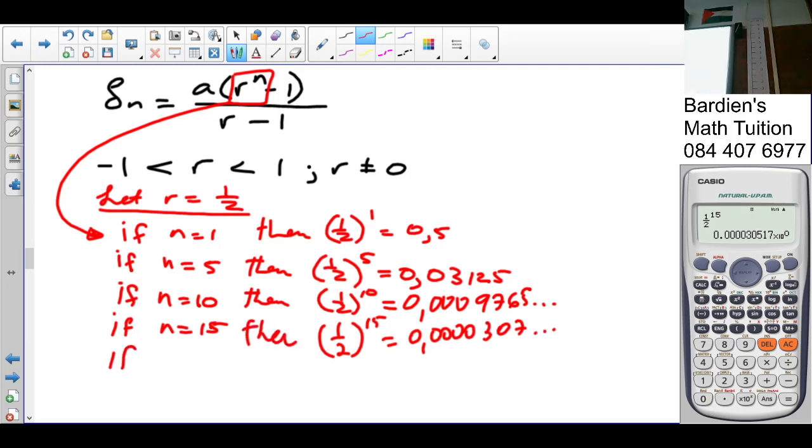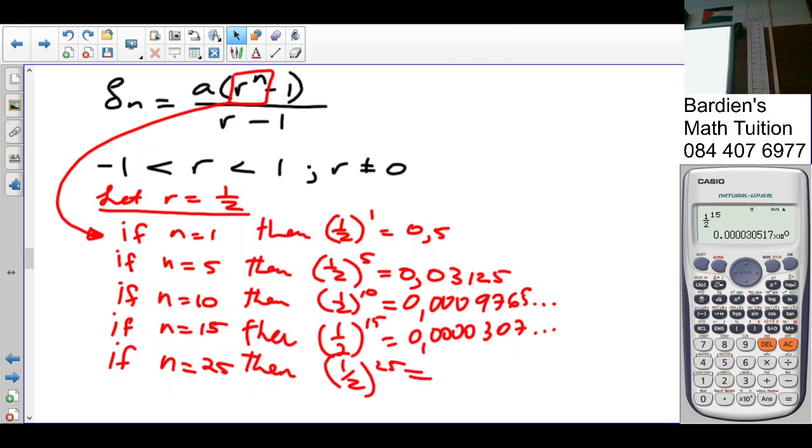Let's do one more. So let's make n 25. If you're going to go with 20 first, without writing it down, we just show you something. That's 0, 0, 0, 0, 0, 0, 0, 9, 5, 3.